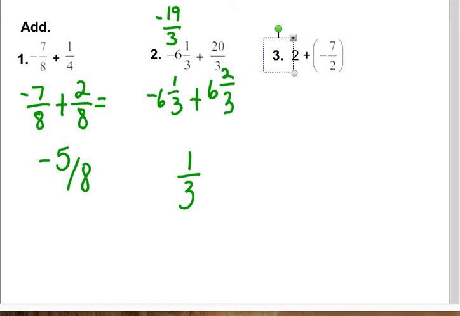Is negative 7 halves one that you want to deal with? No. Okay. Yes. What's your sign? What should your sign be?